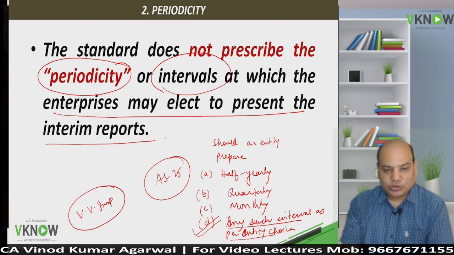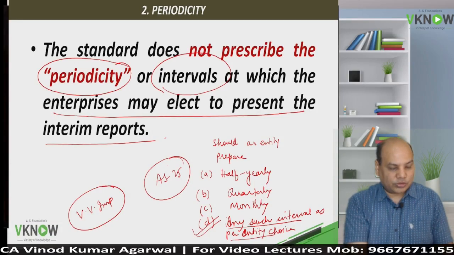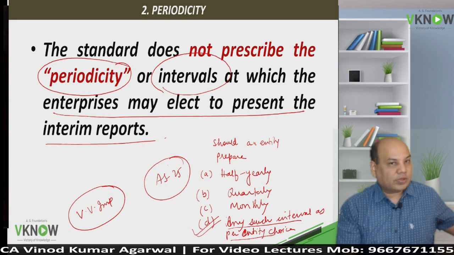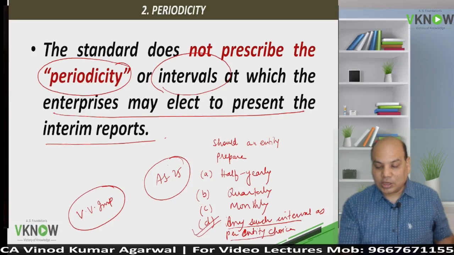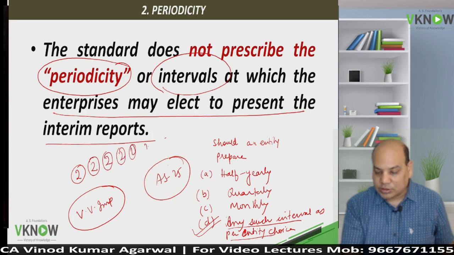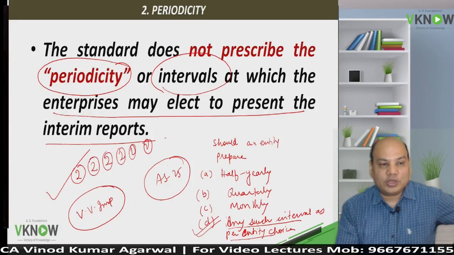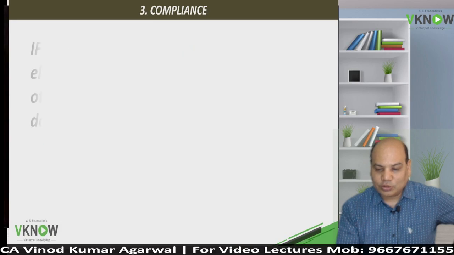There is a multiple choice question also on that whether the institute prescribes any particular periodicity. The answer is no. The institute does not prescribe any particular periodicity. The company can choose. Can a company prepare interim period financial statement covering 2 months, 2 months, 2 months, 2 months, 2 months? The answer is yes. AS25 does not prohibit you to choose the frequency. You can choose your own.